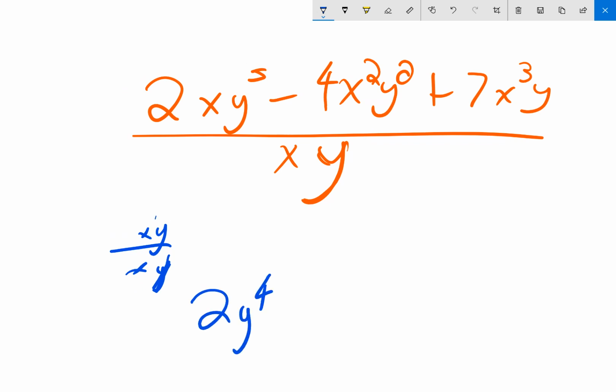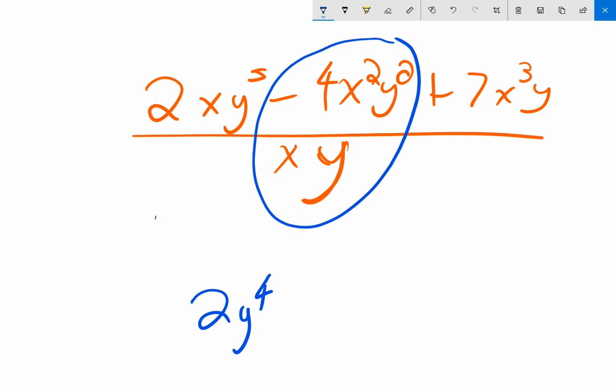Now let's talk about the second term. Now this is a negative 4, so I'm going to make sure that's included. So if we're going to do a negative 4 x squared y squared divided by xy, again, this x is going to cancel with one of these x's up here, making it just x to the 1st. And this y will cancel with one of the y's that is up here, making it y to the 1st.